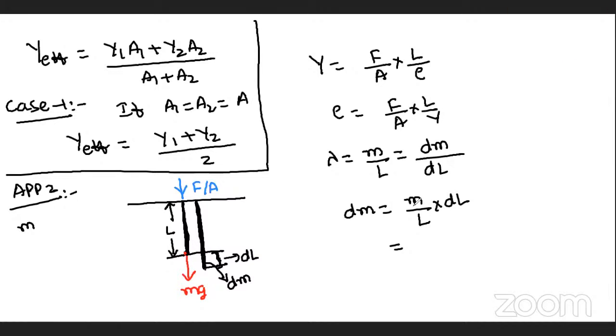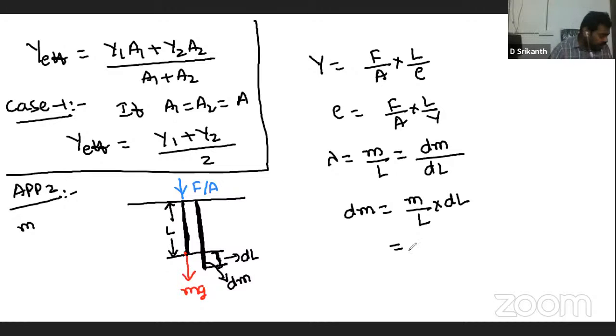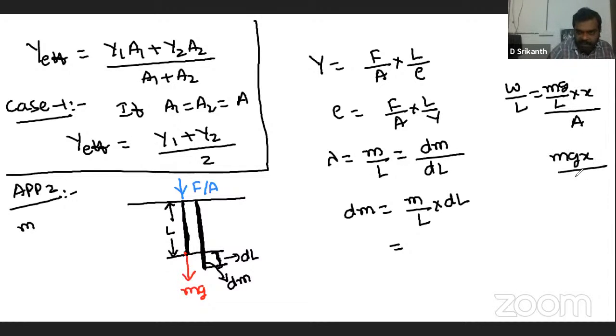In terms of weight, mass by length I can write as weight by length, that is mg by L, times x by A, that is mgx by area into length.